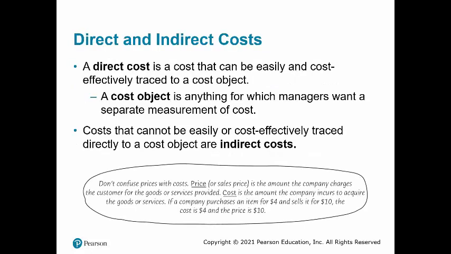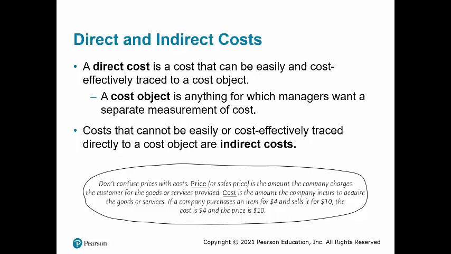We can separate costs within a business into those that are direct costs and those that are indirect. A direct cost is any cost that we can easily and cost effectively trace to a particular cost object.